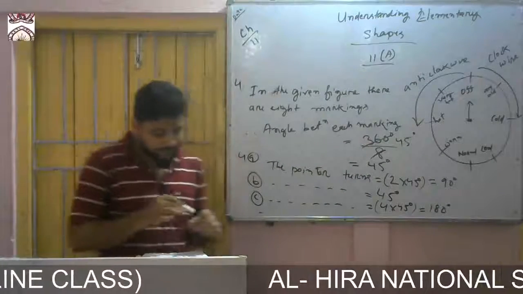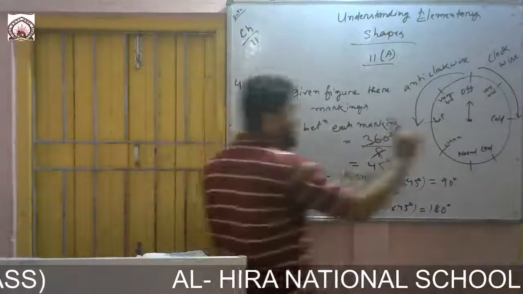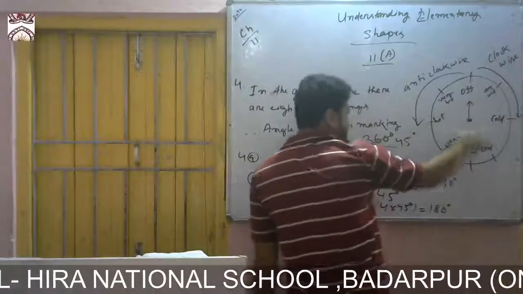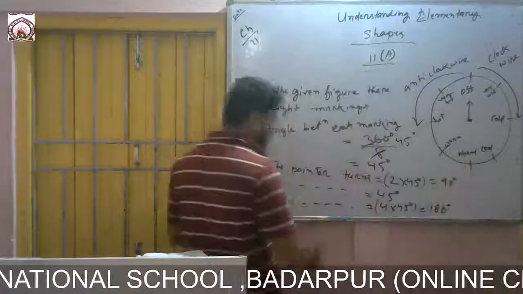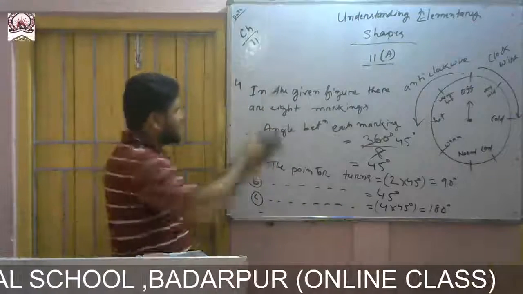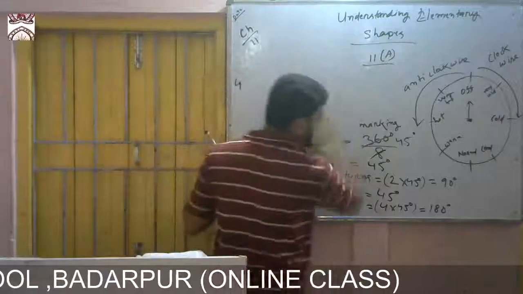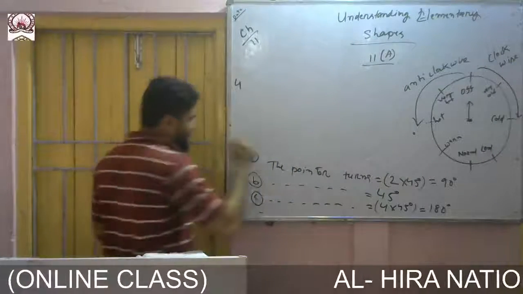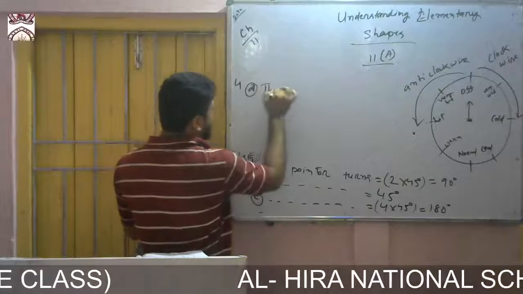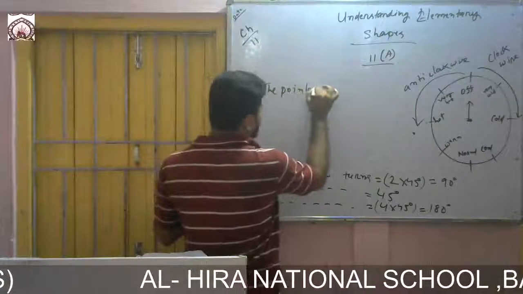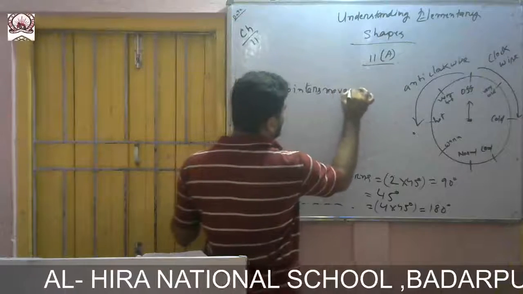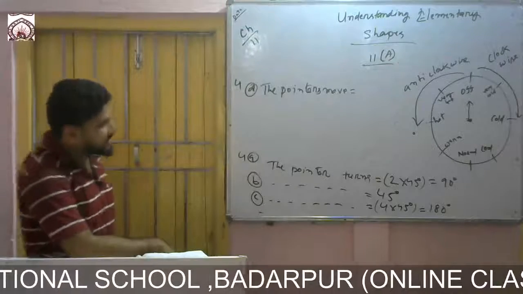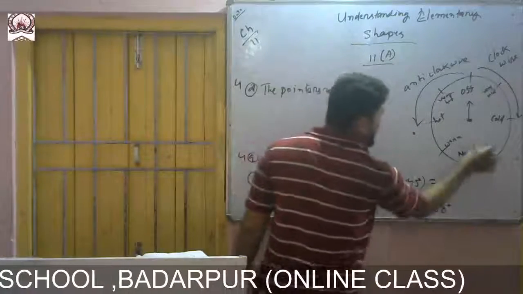Okay. Now clockwise from cold to warm. Clockwise from cold to warm here. So in this way, 1, 2, 3. So 3 markings. So you write here. There is no space. The pointer moves, number D. The pointer moves 3 markings: 1, 2, 3.